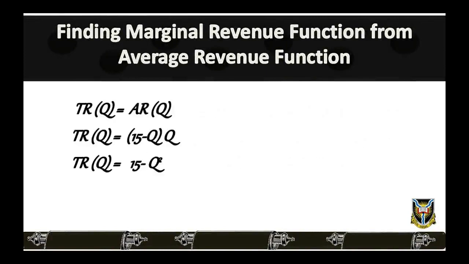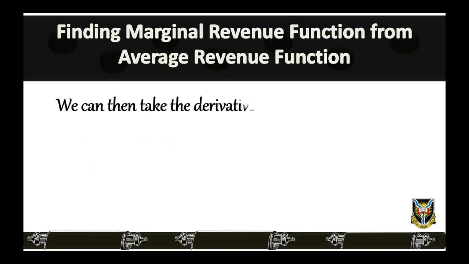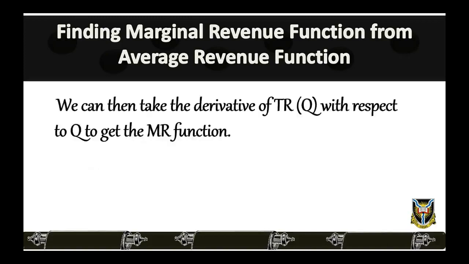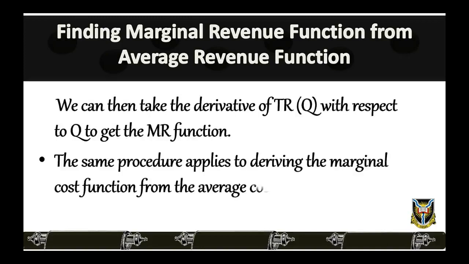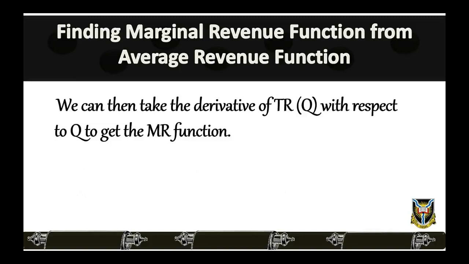TR(Q) equals AR(Q) times Q, which equals (15 minus Q) times Q, which equals 15Q minus Q^2. We can then take the derivative of TR(Q) with respect to Q to get the marginal revenue function. MR(Q) equals dTR(Q)/dQ, which equals 15 minus 2Q.